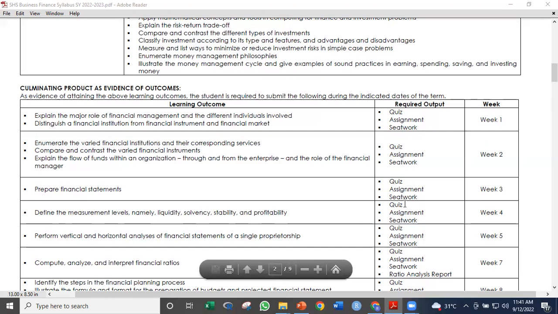It's a required output. It doesn't mean that that's a long quiz. We may have short quizzes. Okay, for topics, maybe the short quizzes will be more of group quiz. Okay, but the long quizzes will be more for a longer coverage. Okay, thank you, Migs, for that question.